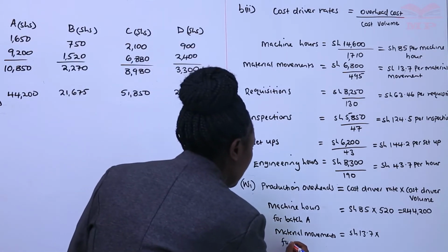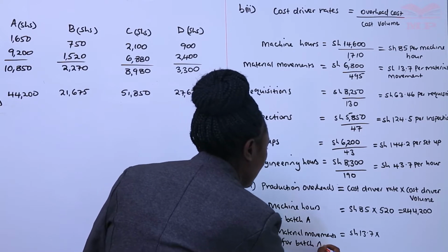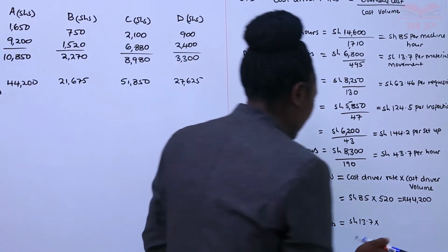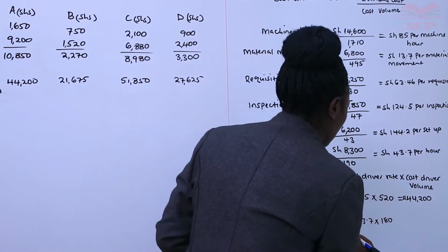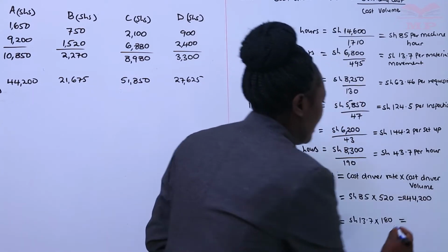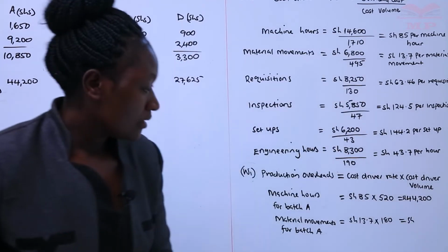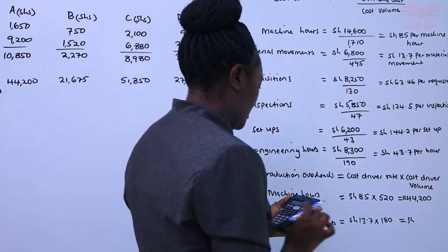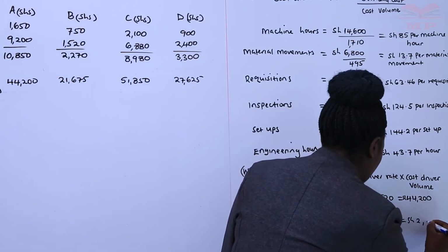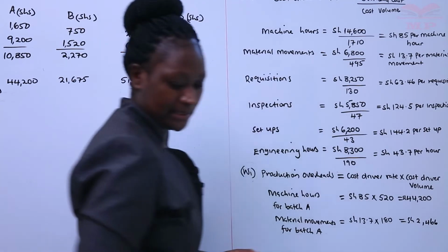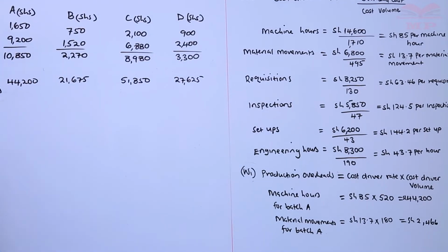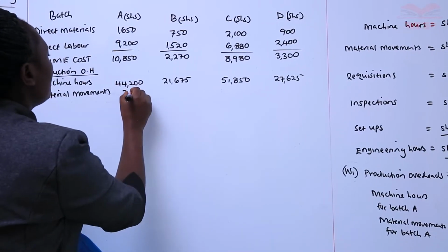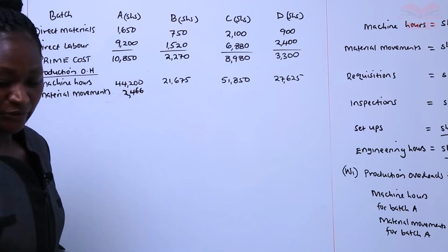So this is for batch A again. The rate is 13.7, and the material movements for batch A given is 180. So we simply multiply that, and when you calculate, you will get 2,466. So under material movements, batch A, the value is 2,466.